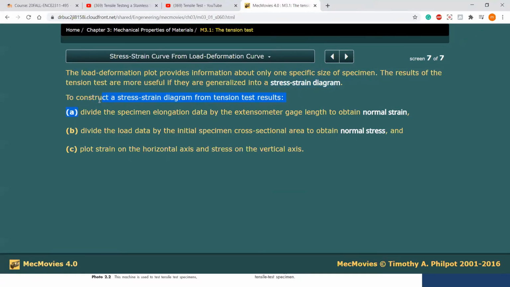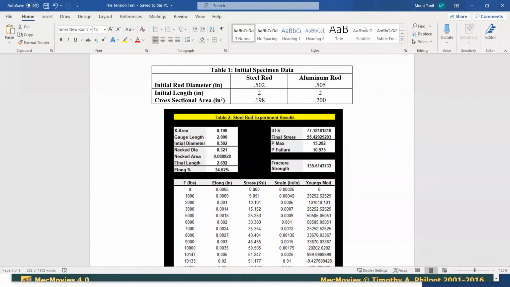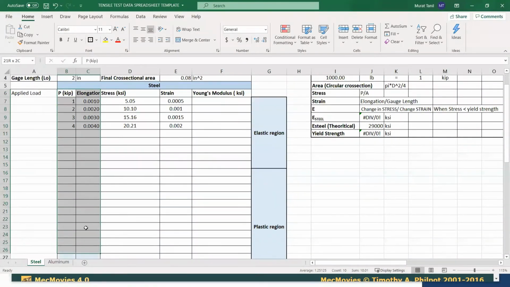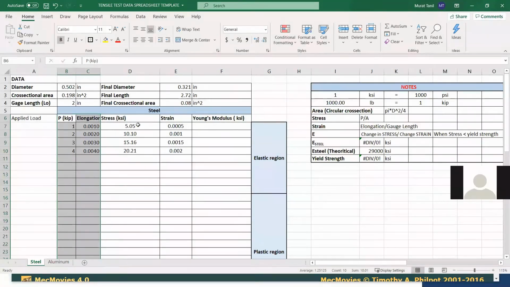To construct a stress-strain diagram from tension test results, first things first, you have to divide the specimen elongation data by the extensometer gauge length to obtain the normal strain. This is one of the terms we use at the beginning. Going back to the spreadsheet, right here, we have the load and elongation data, and I can use this data to get the load and deformation graph, but I'm trying to get the normal strain.